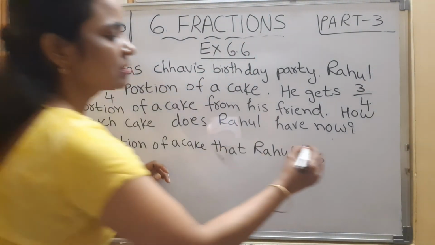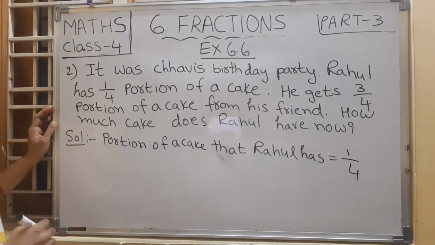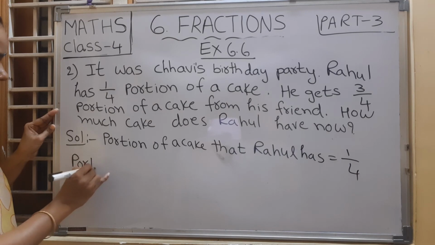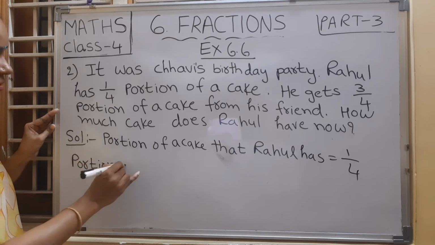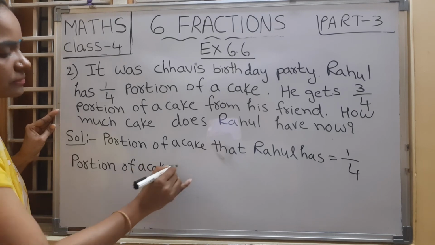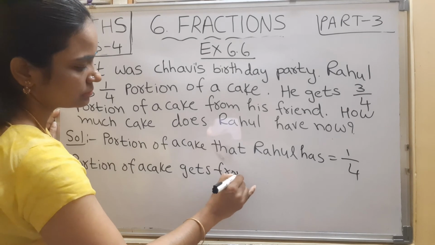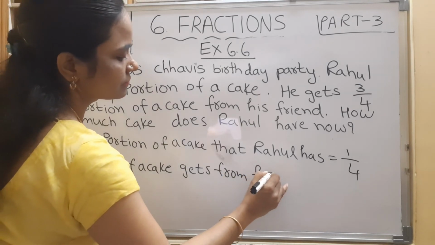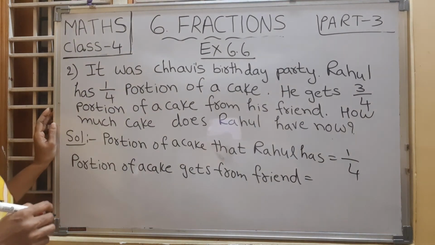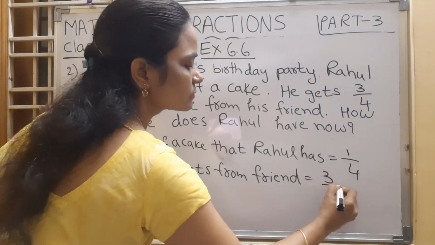Yes, it is 1 by 4 portion of a cake. Next statement. Portion of a cake gets from friend. How much cake did he get from his friend? Yes, it is 3 by 4.